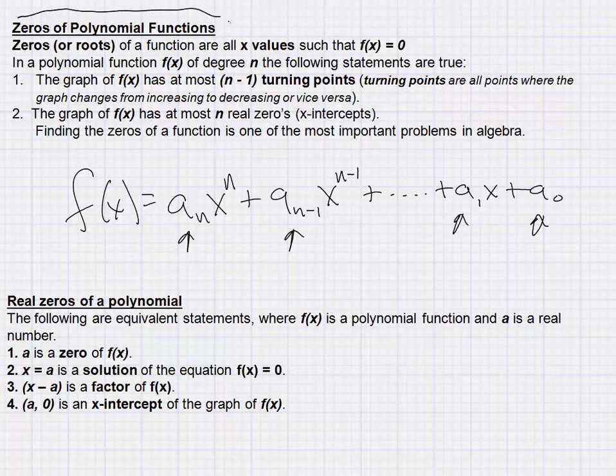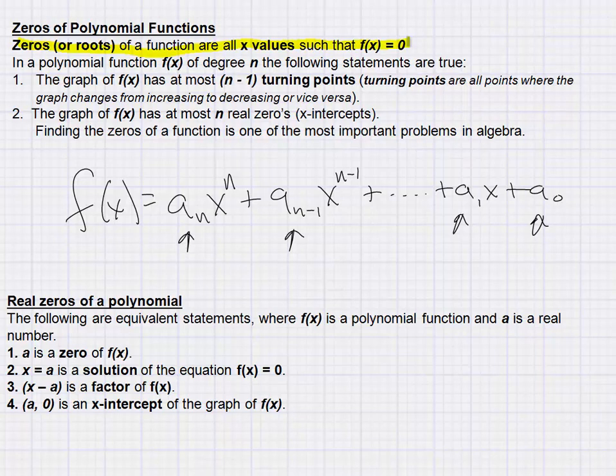Okay, zeros of a polynomial. If I'm looking at zeros of a polynomial, I need to know what a zero is, and then we'll learn how zeros affect the graph. Well, if you think about one thing is what is a zero of a function? Not just a polynomial, but any function. A zero of a function is any place where that function would be equal to 0, which makes sense in terms of the name.